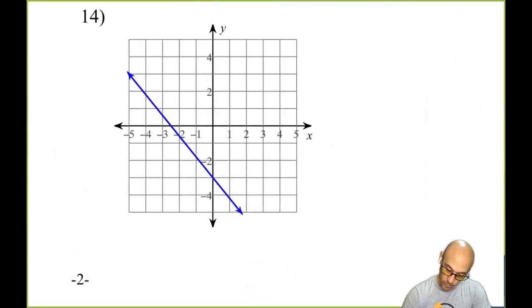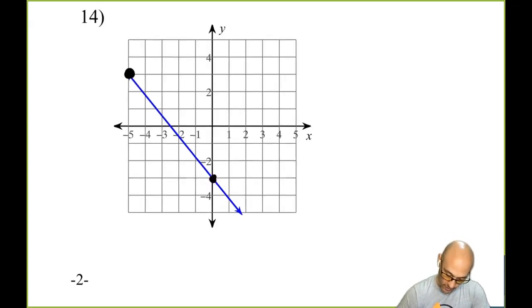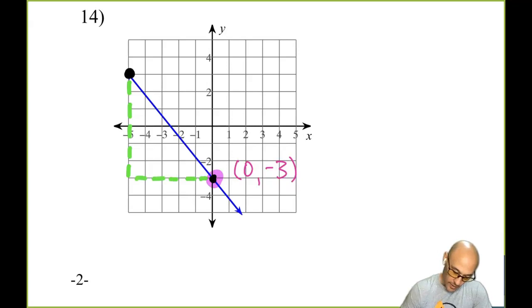Here, mark a couple points on here. There's one right there and right here. And so this is my y-intercept, and that is the point (0, -3). And I'm going to put in a slope triangle. It looks like I'm going down 1, 2, 3, 4, 5, 6.